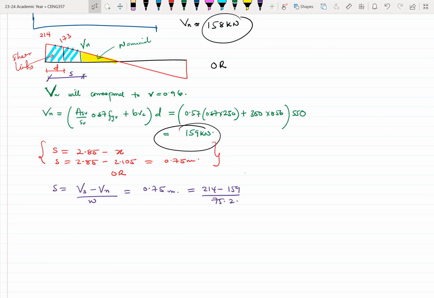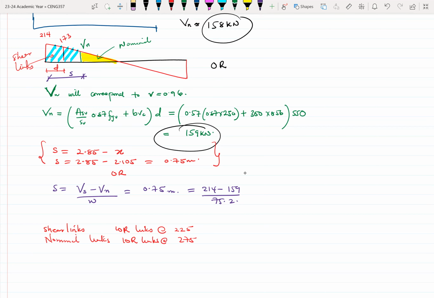At least we have said that for the shear links, we are using 10R links at a spacing of, what did we get for the spacing? 225, yeah, 225. And then for the nominal links, it is 10R at 275. So this is the information that we have.